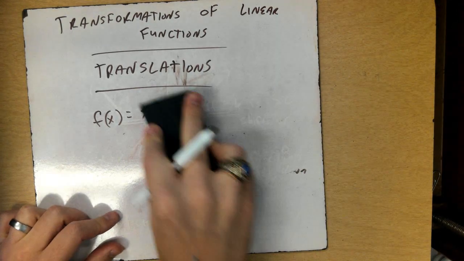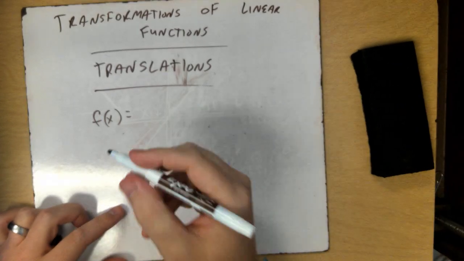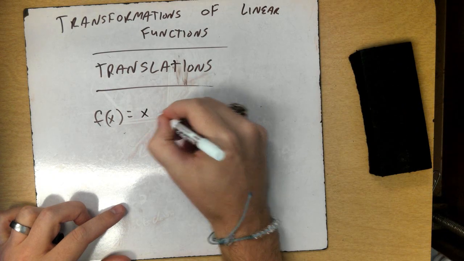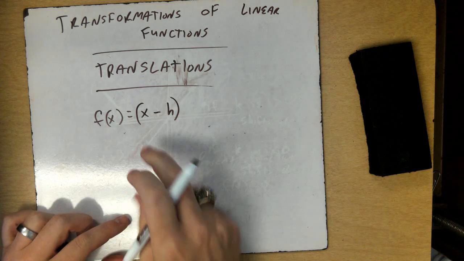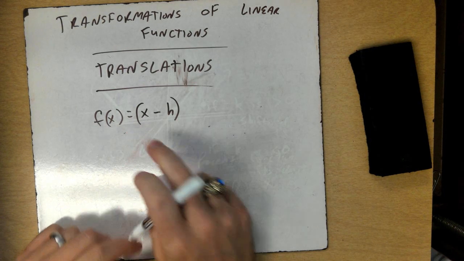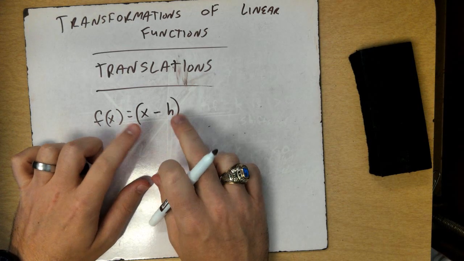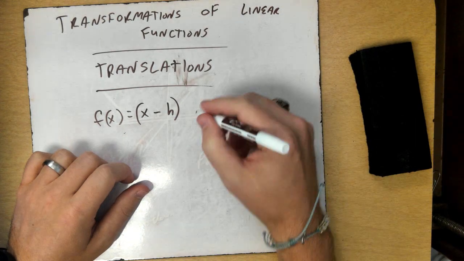Now let's look at this. So it's up and down, right? Now, if it's this, x minus h in parentheses, okay? So here's your next equation, right? So if you see this, and what you're looking for here is a parentheses, okay? The other one doesn't have parentheses, this one does. So that's the biggest thing here, okay?